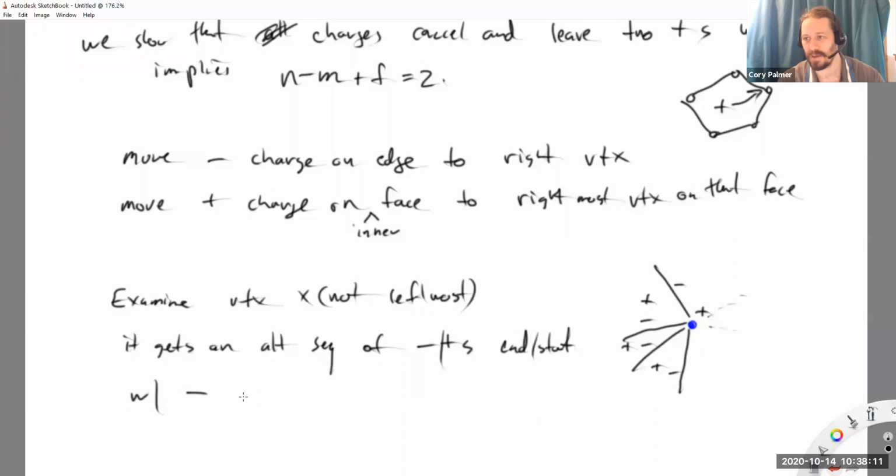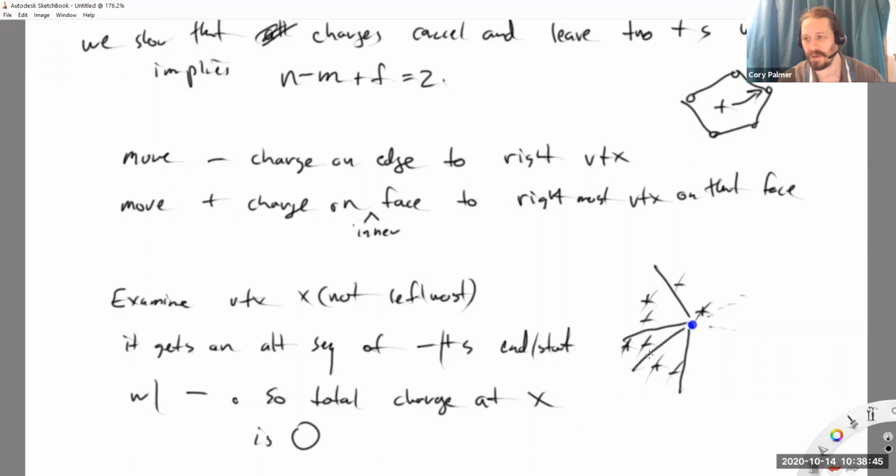And so the total charge at X after doing this procedure is what? It absorbs one more minus than plus, because it starts with a minus and ends with a minus. You can see this cancels with this, cancels with this, cancels with this, and I have an extra minus left at the end, which cancels with the plus that was already there. So the total charge on a vertex after I do the shifting is 0.